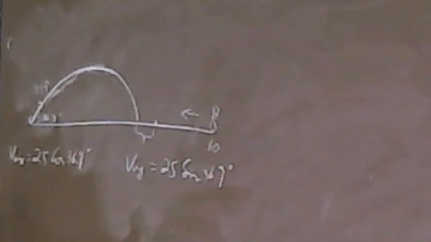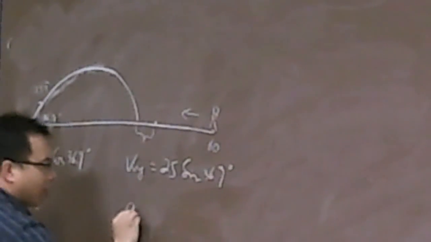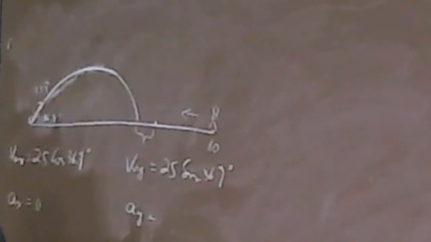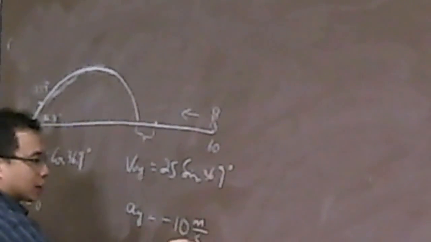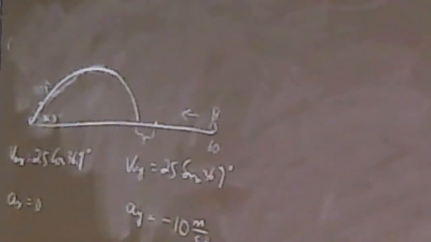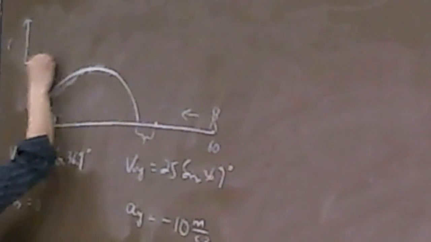For this one, ax will be 0. ay will be negative g. You use 10 for the gravitational constant. Negative 10. This is the upward direction.